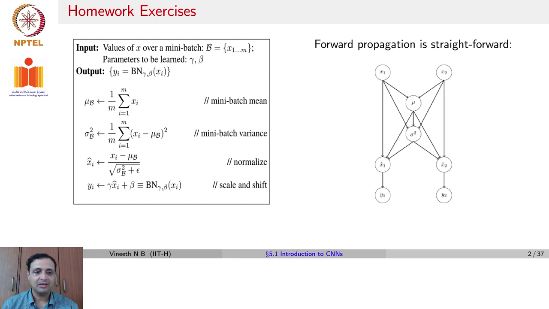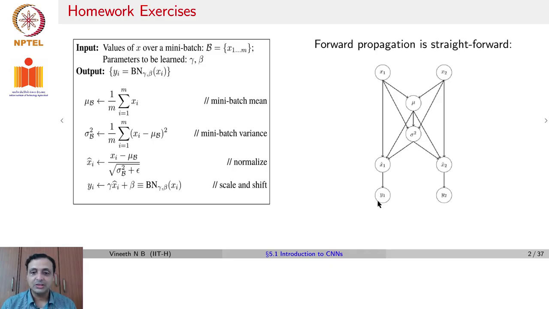So what you see here is the algorithm of batch normalization that we saw last time. Let's quickly review that in terms of how it looks on this graph, what is known as the computational graph. So you have forward propagation, which is given by, you're given x1 and x2, and given a mini batch of data, you find the mean and variance of x, the inputs out of a particular layer, the activations out of a particular layer, and then you normalize that data using the mean and variance.